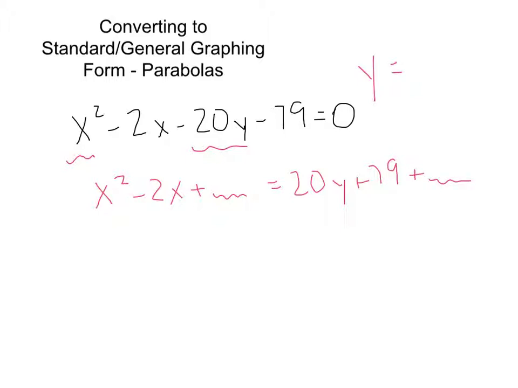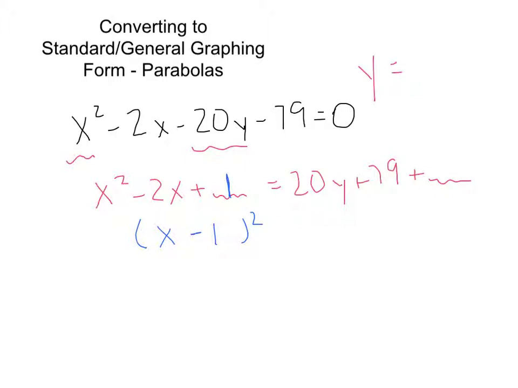Now, recall that when we complete the square, we're going to rewrite this side as a perfect square. We're going to write it as x plus or minus something. And to find that, we're going to use b divided by 2. So we're going to do negative 1. That's going to get us our trinomial all squared, nice and in factored form. We're going to square it, and that's what's going to go in the blank.